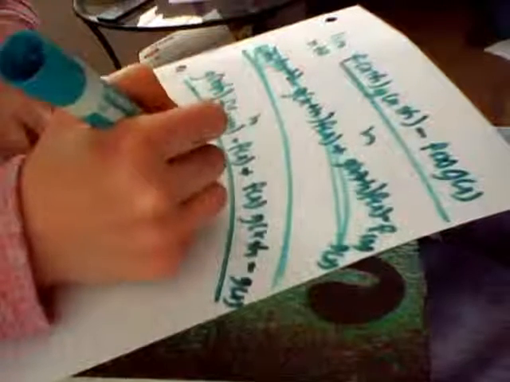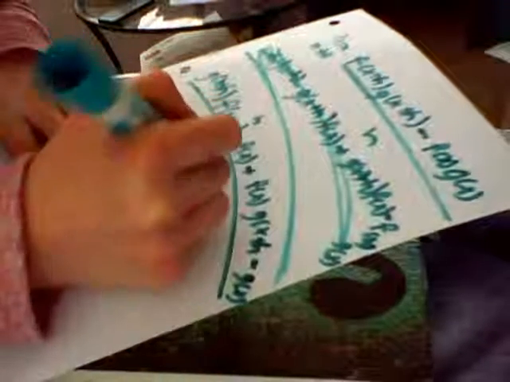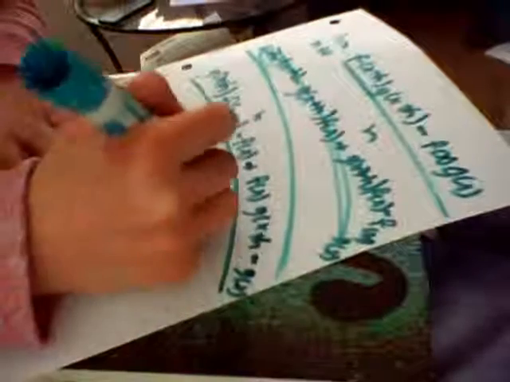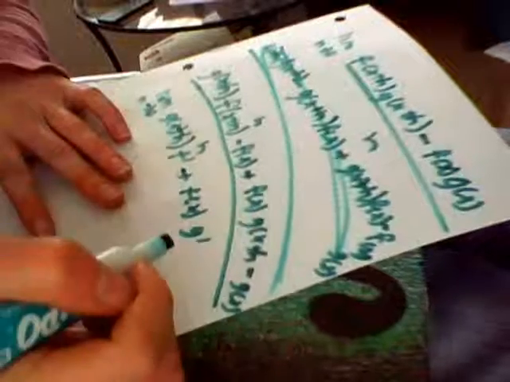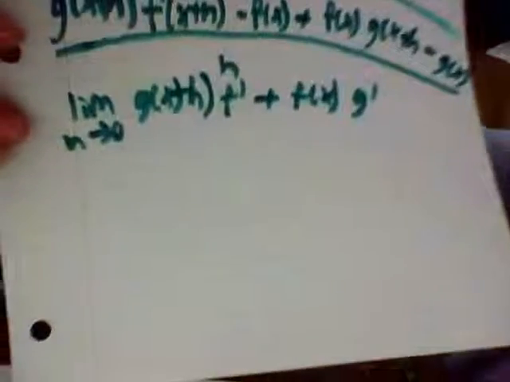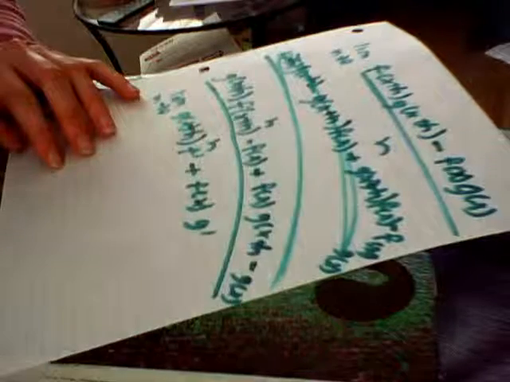So just split up the whole thing: the limit as h approaches 0 of g of x plus h times f prime, because I don't want to write it out, and then f of x times g prime. But when you do it for the test, write out f of x plus h minus f of x over h.